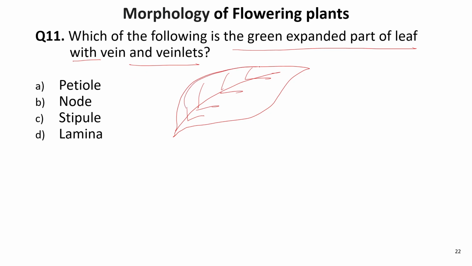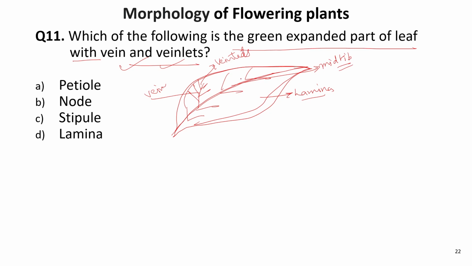This part is the lamina, and it has veins and veinlets. So this is the vein, and this gives rise to a number of veinlets. This is the midrib region.